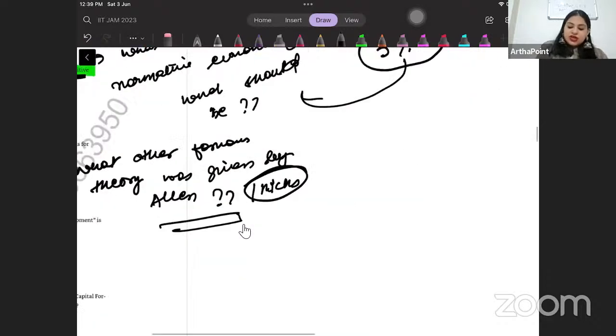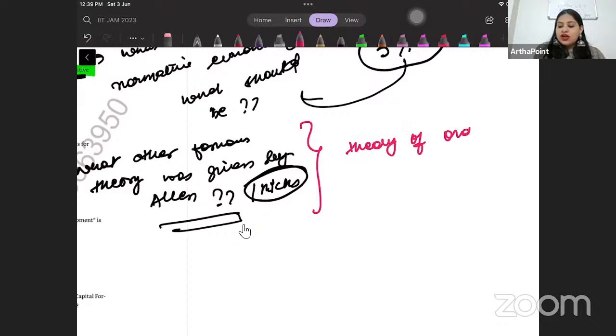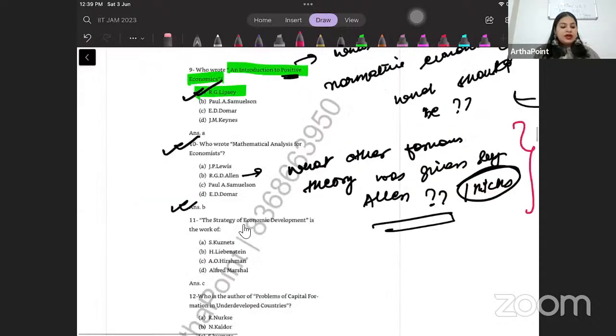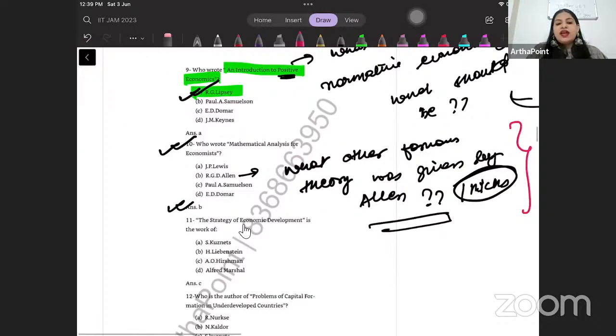Okay, beta, let's write down the answer. So Allen and Hicks together, they gave the theory of ordinal utility in 1934. Beta, याद रखना पड़ेगा. You have to go ahead and you have to write somewhere कि अच्छा एलन ने ये दिया है, मार्शल ने ये दिया है. ऐसे याद रखना बहुत जरूरी है.